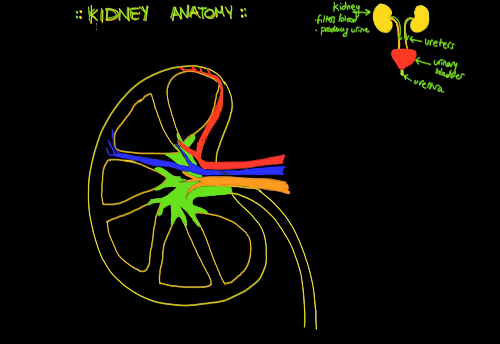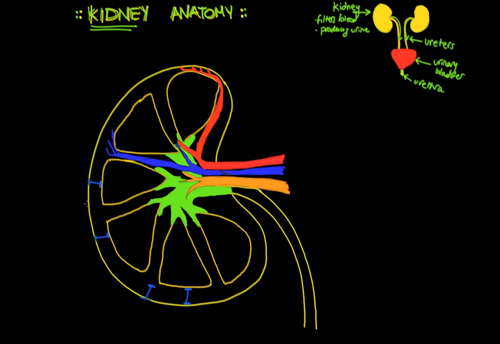So let's go back to the kidney itself and look at a cross-sectional view of what it would look like on the inside. The first thing that you'll notice is that the kidney is made up of two compartments. The first compartment is going to be the outer shell that I'm highlighting in blue.